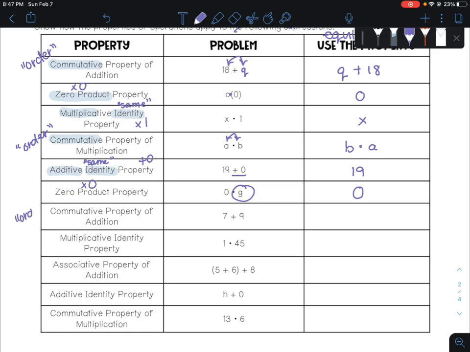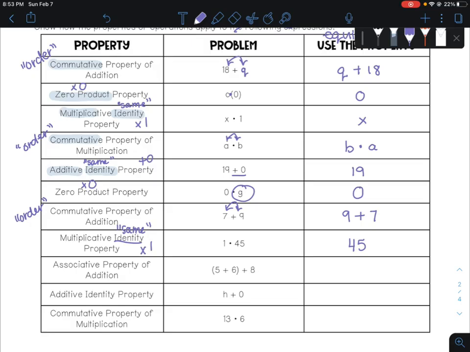Remember, that's when you want to change the order with adding. 7 plus 9, change the order, would be the same as 9 plus 7. Multiplicative identity property again. Remember, this is when you multiply by the number that makes it stay the same, and that is times 1. So 1 times 45 is just 45.